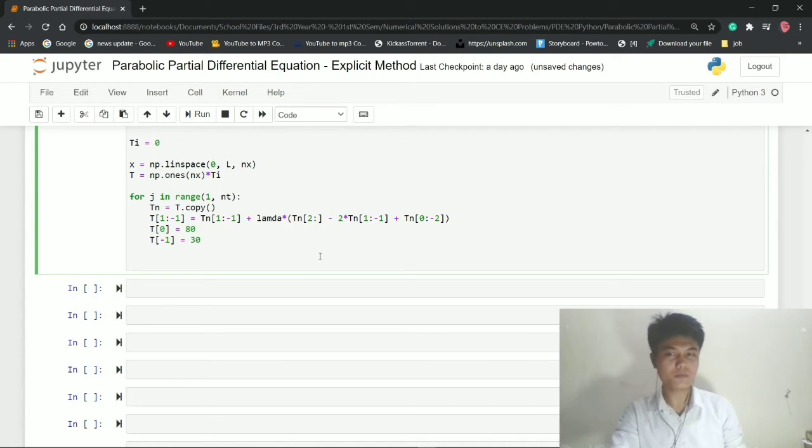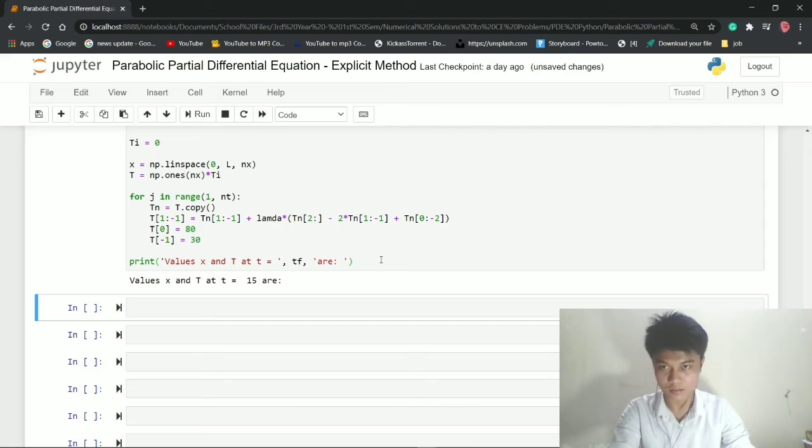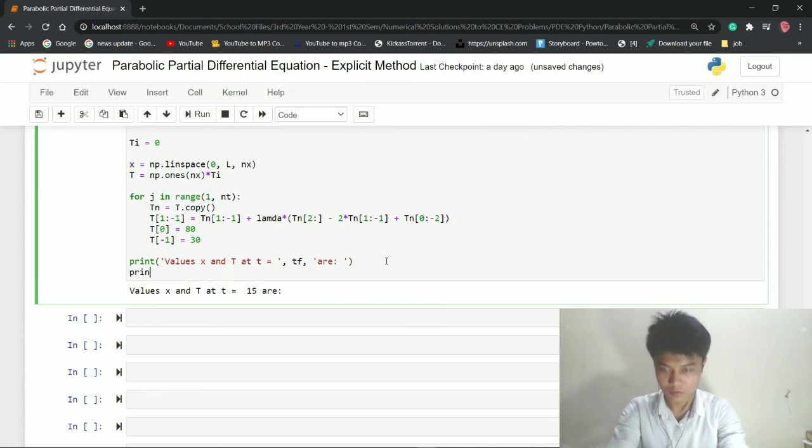Now, paano natin mabi-visualize ito? Kailangan natin i-plot. Kaya natin i-find yung sagot, di ba? So, yan, para maganda yung ating pagka-print. So, values x and t at t. And then, print x and t.